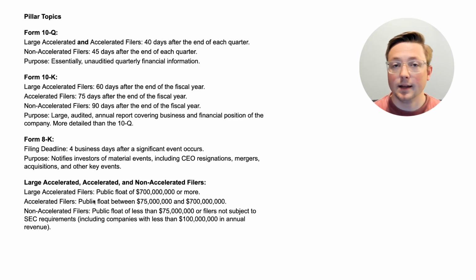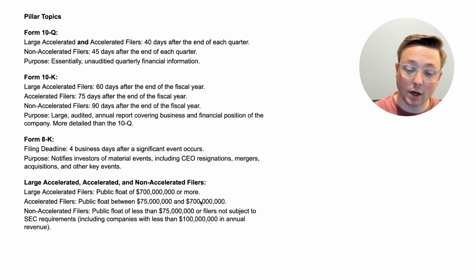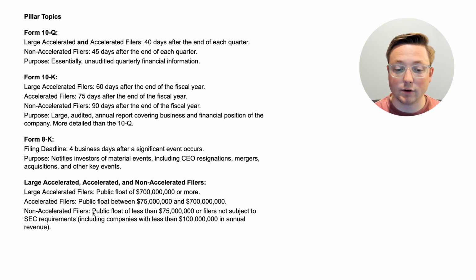And then finally, again, this is something that you might not see too much, but I felt like it was important to understand the idea behind these different filers so that you can remember the filing deadlines. Large accelerated filers are companies with a public float of 700 million or more. Accelerated filers have a public float between 75 million and 700 million, and non-accelerated filers have a public float of less than 75 million or they are filers that are not subject to SEC requirements, and that would include companies with less than $100 million in annual revenue.